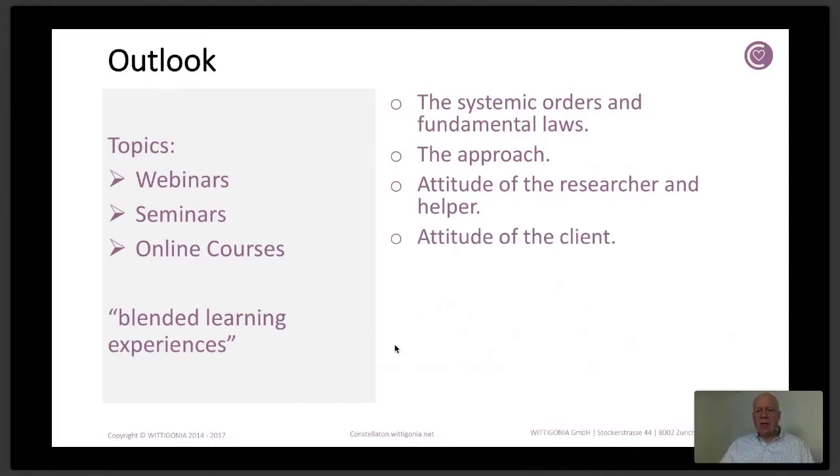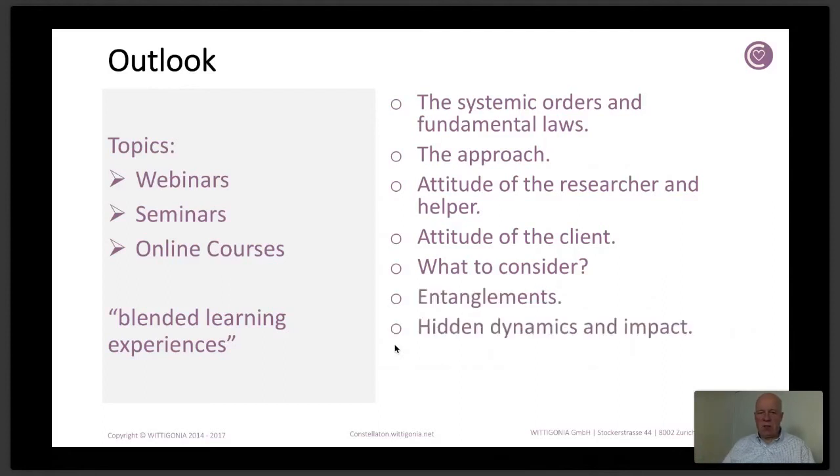Then I will also talk about what needs to be considered, because based on my learning and experience, I discovered certain areas that are important to observe when we are working in the family system, especially when we go into families of origin and further back into the family history. There are many more topics to cover.